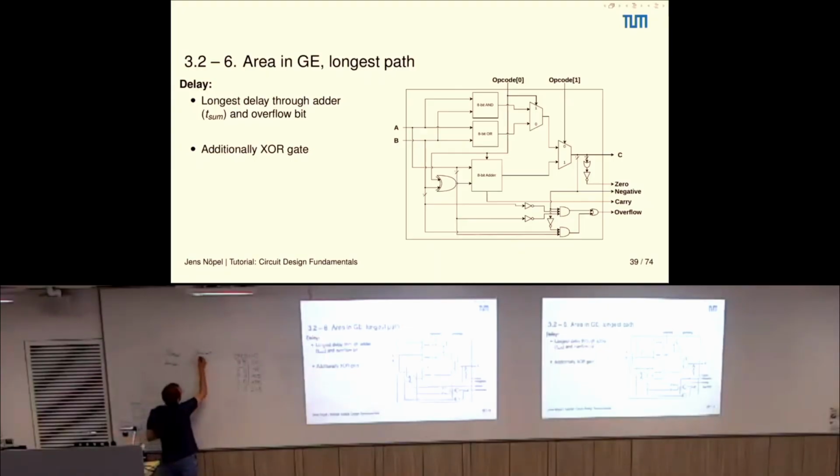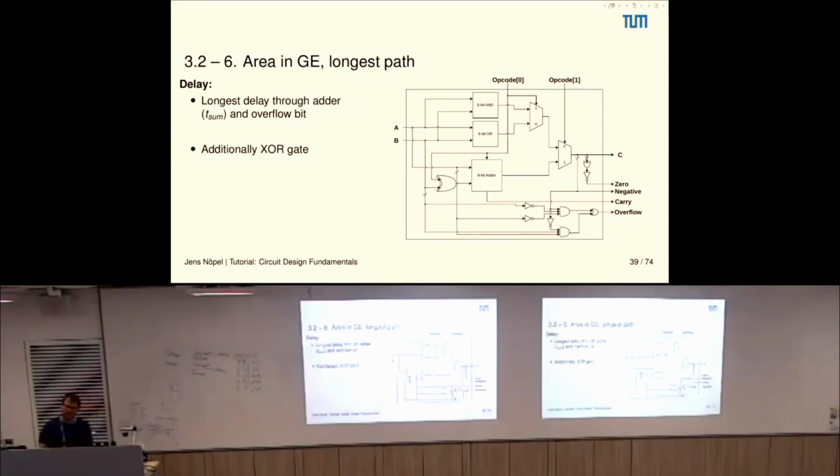And then you divide this by the delay of this NAND gate, and you end up with a delay in gate equivalence. And the same thing you can do for the area. You have your area for this 3-input OR gate. Divide this by the area of the NAND, and you end up with the area in gate equivalence.